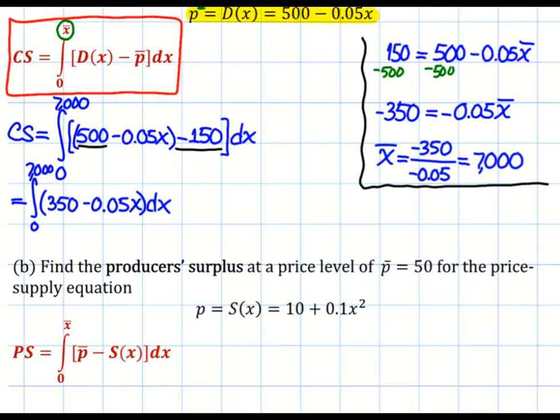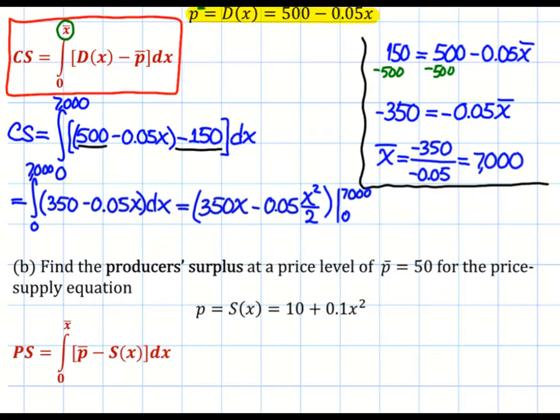And by the fundamental theorem of calculus, we integrate: we have 350x minus 0.05 x squared over 2, evaluated from 0 to 7,000.